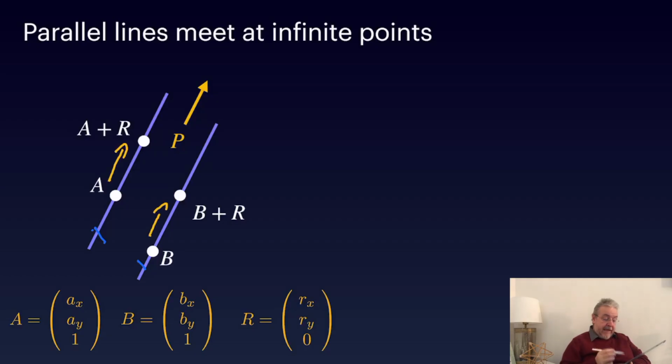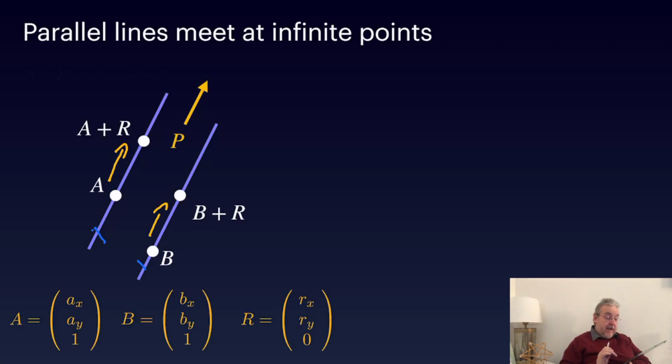To get these shifted points, I really had to put a 0 in here. If I add A and R, I really get a vector that is shifted in the direction of R away from A, and still remains in the standard embedding because it has a 1 down here.